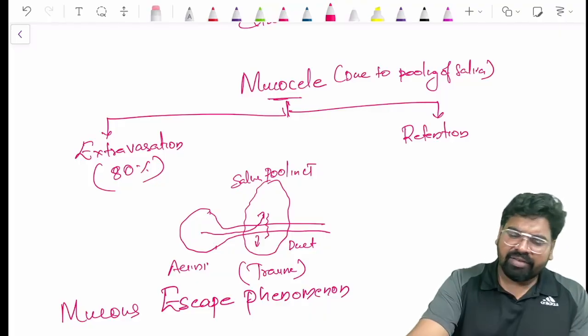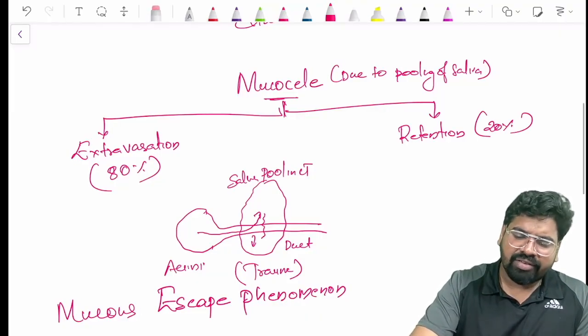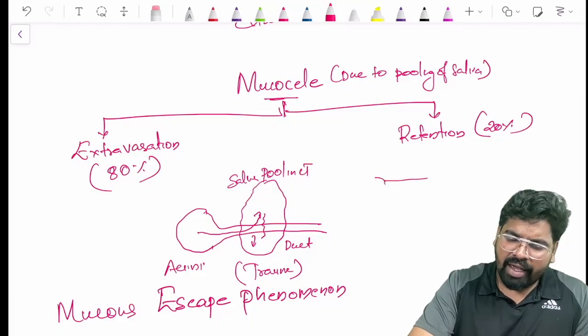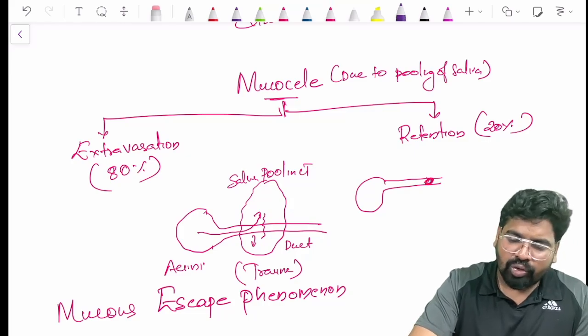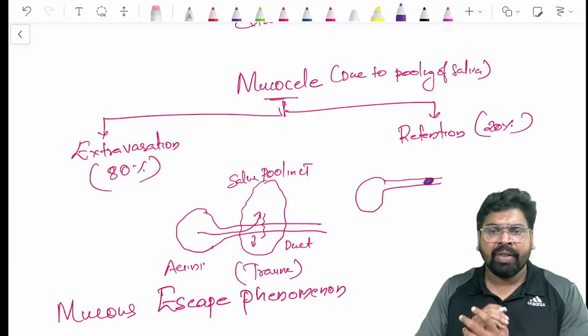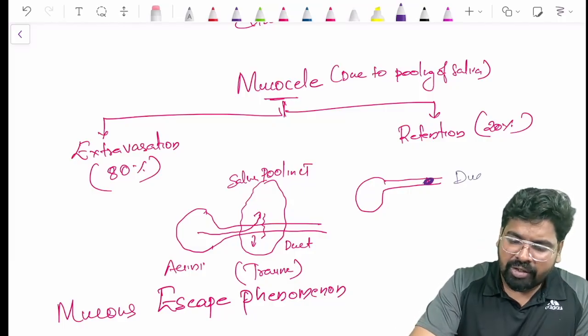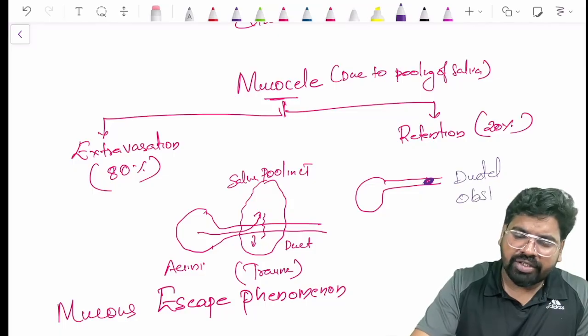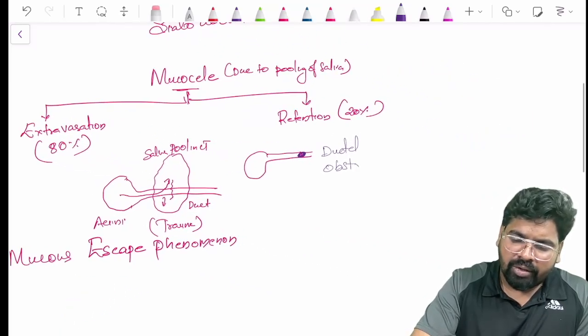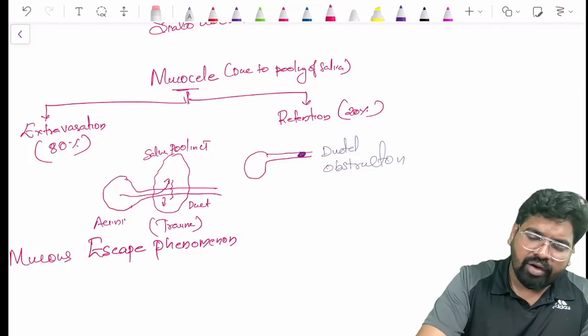And in 15 to 20% of the cases, the duct will be okay, but the duct will be obstructed by a stone. So ductal obstruction happens here. What happens when there is ductal obstruction?